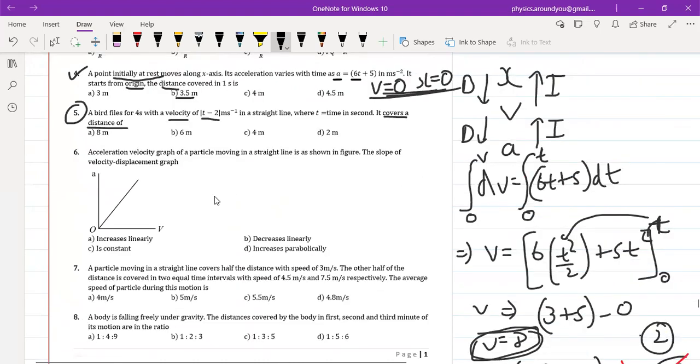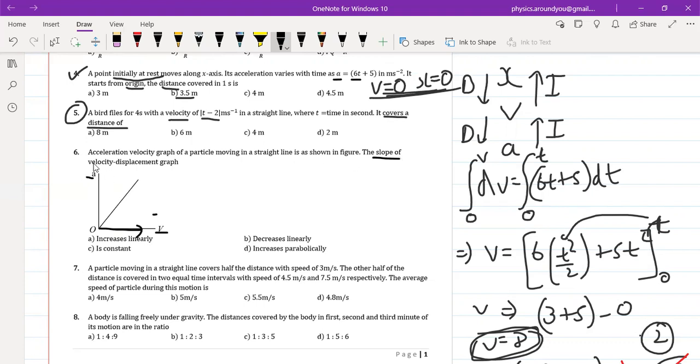This is a pretty involved question, I can say. They have given an acceleration velocity graph, right? As velocity is increasing, acceleration is also increasing, and they're asking the slope. You have no other way than to involve algebra, to involve math as much as possible.